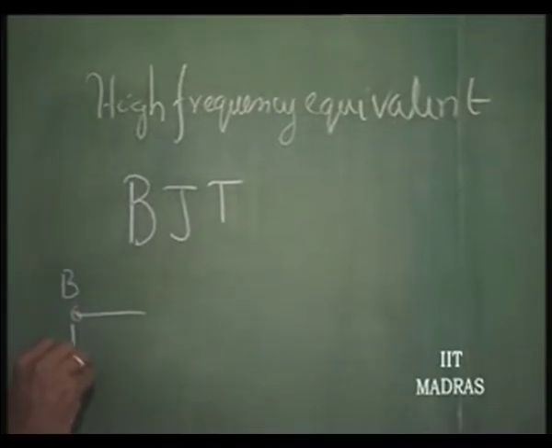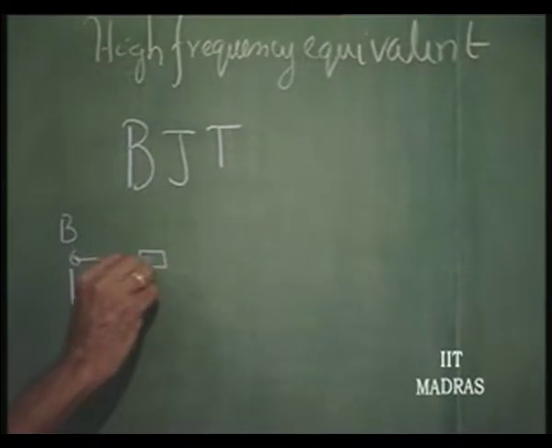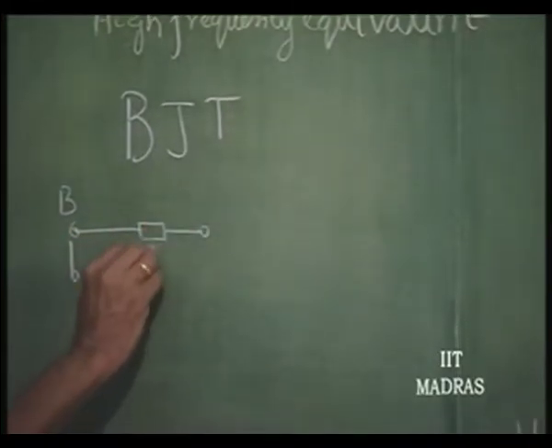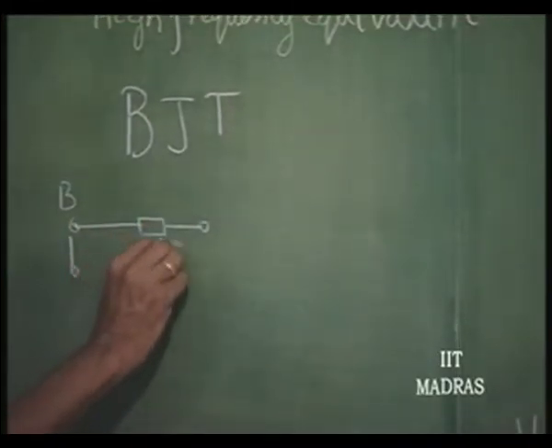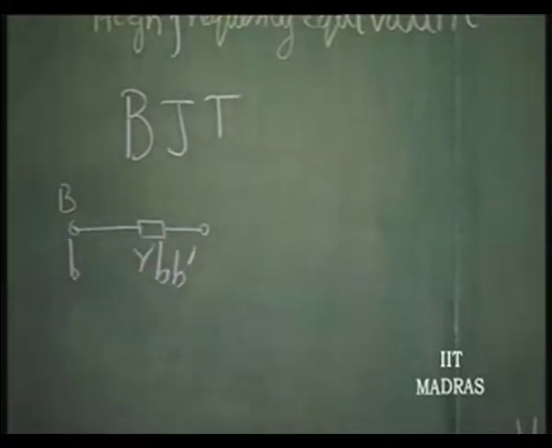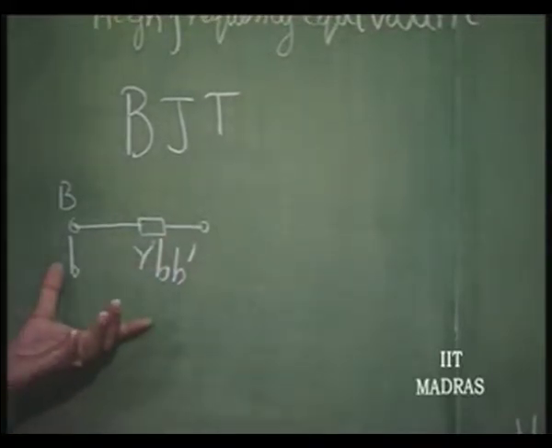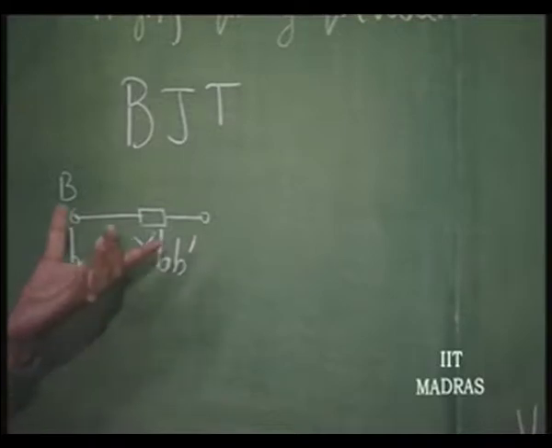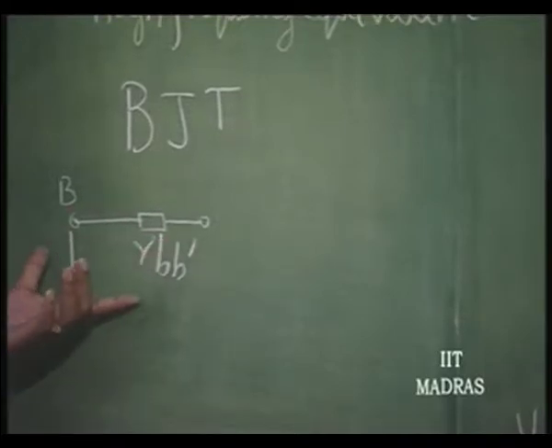So, this is B, and then you have a physical resistance called RBB prime. This is the base resistance from the junction to the contact.